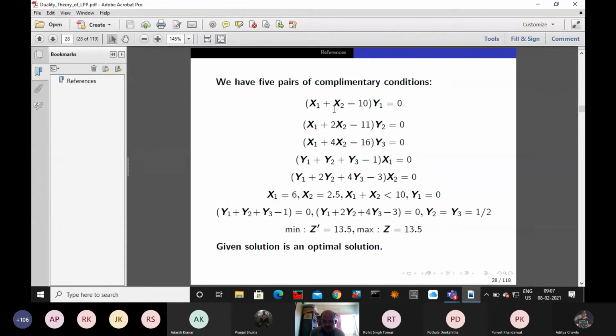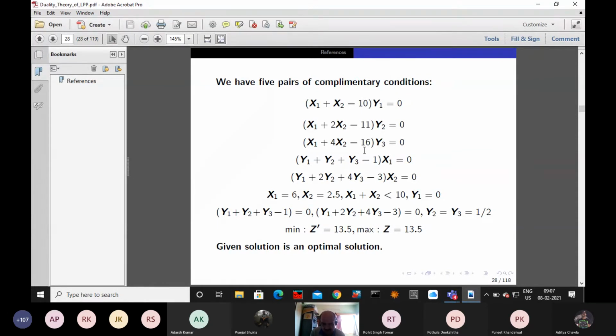Then you come to the last two equations. x1 is not equal to 0, x1 equal to 6. x2 is not equal to 0, x2 equal to 2.5. And the product equal to 0 means y1 plus y2 plus y3 minus 1 has to be 0.